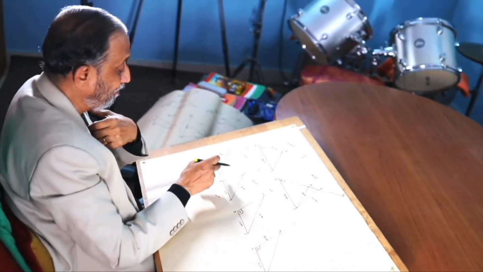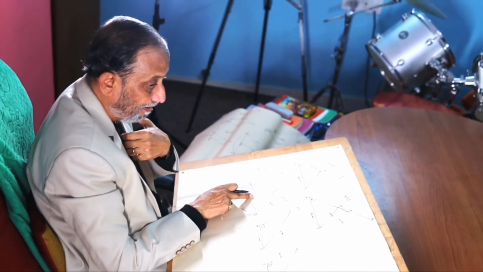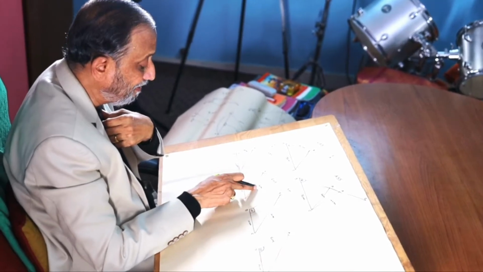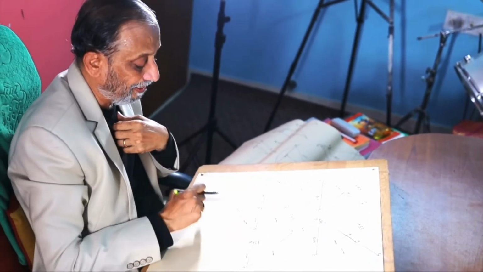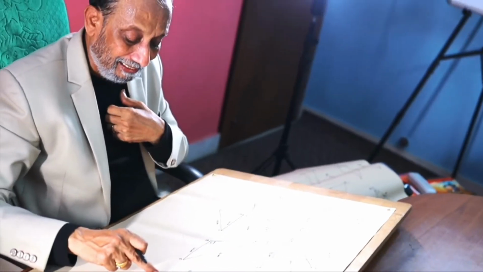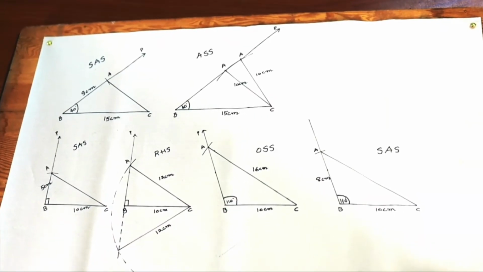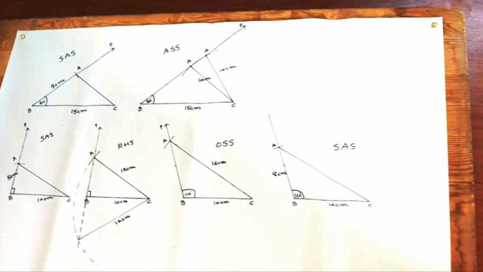See the difference between SAS and RHS. Here the angle is a right angle, but it is not included between these 2 sides. Even then, we are going to get a unique triangle only. So what about the obtuse angle? 2 sides and an included angle are given, and the included angle is an obtuse angle. Here we are going to get a unique triangle only.